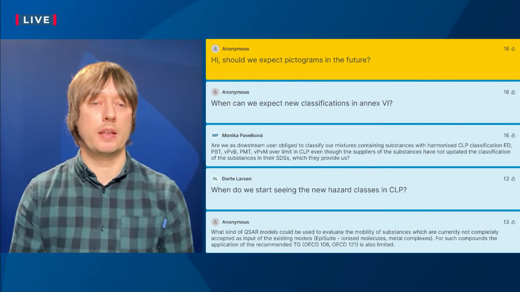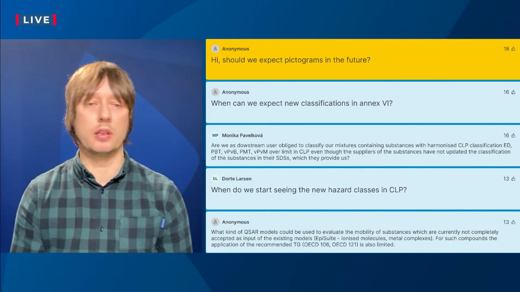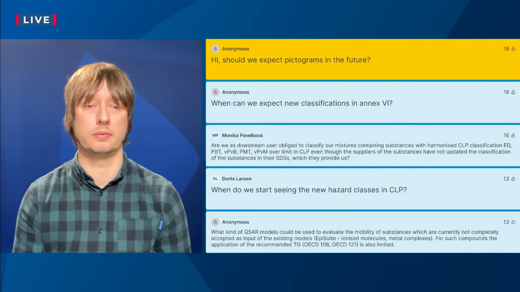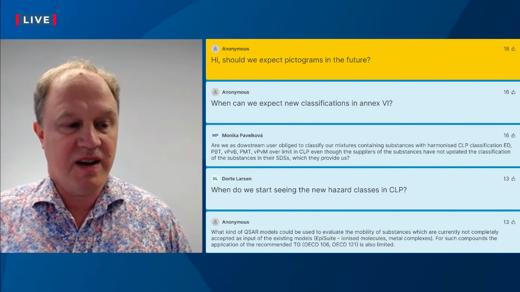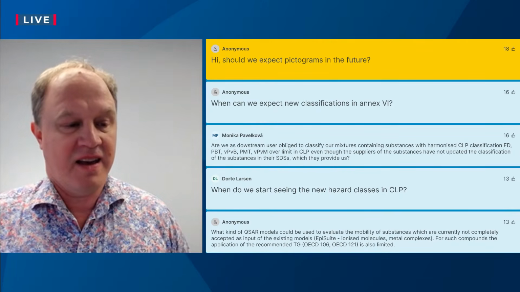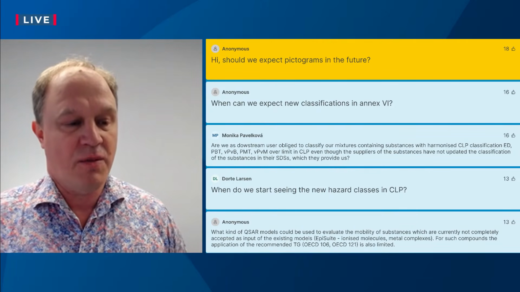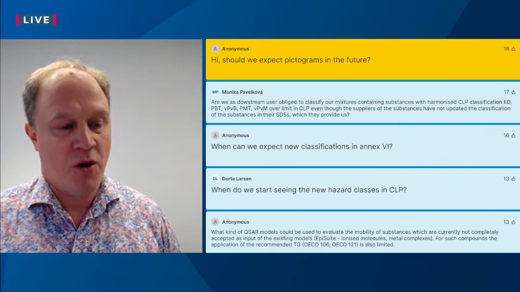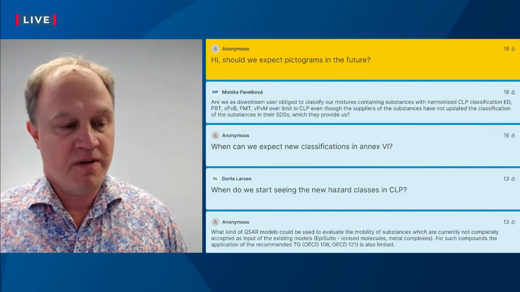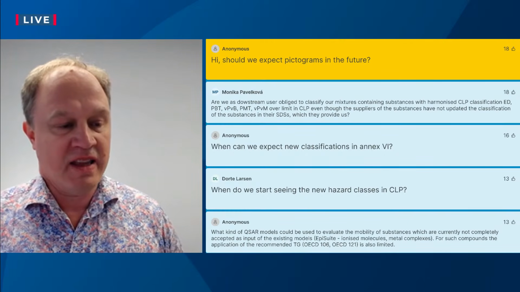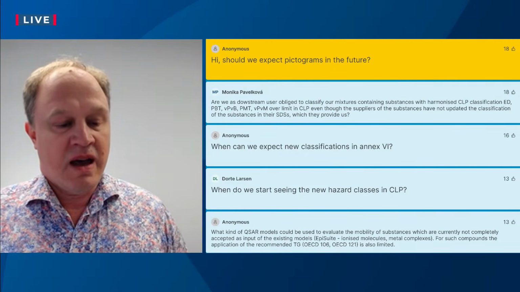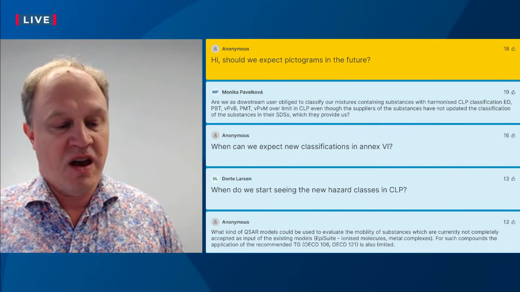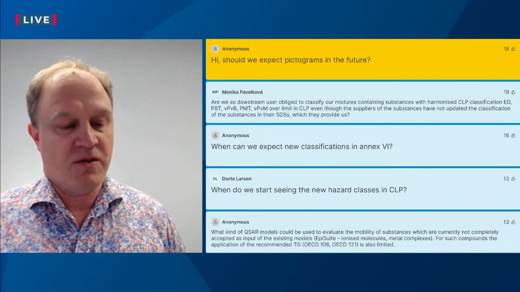Next question. Should we expect pictograms in the future? Of course, there aren't any at present. Nicholas, can you help us there? Yes. Pictograms were considered when the ED CLP criteria were developed. However, the pictograms used in the CLP come from the globally harmonized system, which is under the UN, and there are currently ongoing discussions to include endocrine disruption in the globally harmonized system as well.